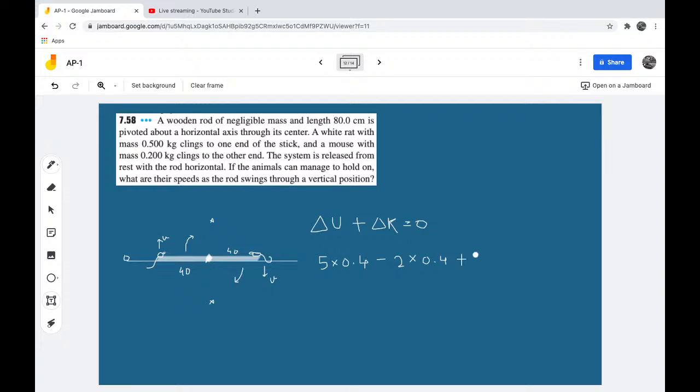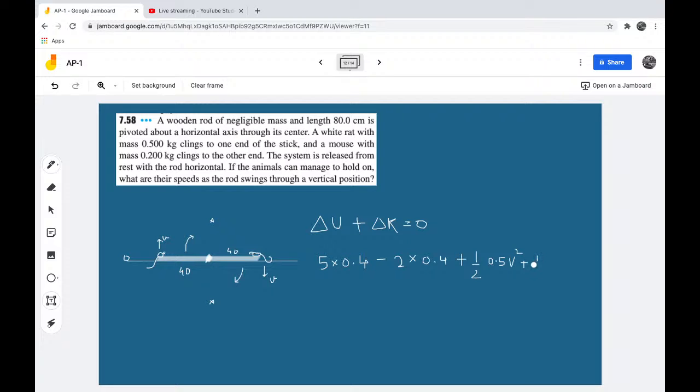The final kinetic energy of this is half into 0.5 into V square. Yes, the potential energy term is straightforward: 5 minus 2 into 0.4. Plus the kinetic energy of this side.